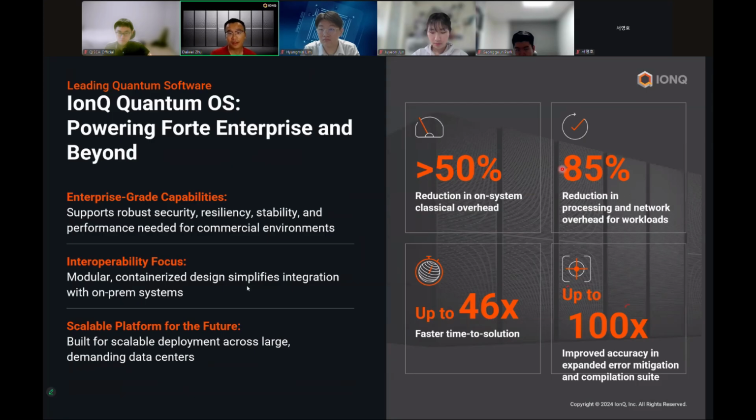And actually here the slide is showing a result from last year that shows how much you can improve the performance by just improving your software. For example, the most straightforward way to see this is you have a quantum computer, right? You have a quantum algorithm. For us, you have to convert the computation you want into laser, and the laser is delivered to our system to run your algorithm, right?